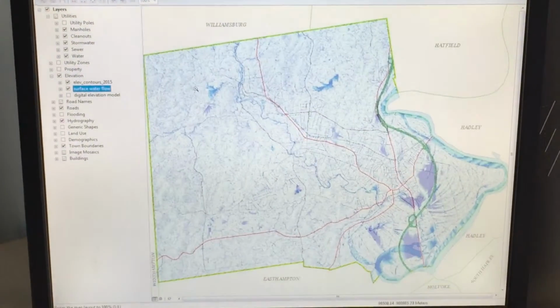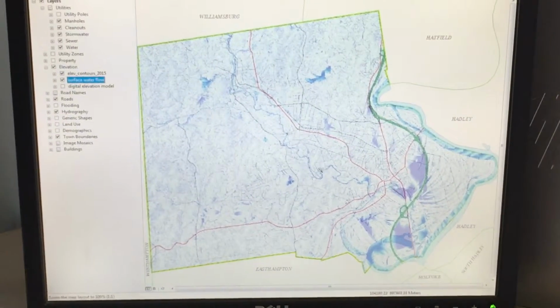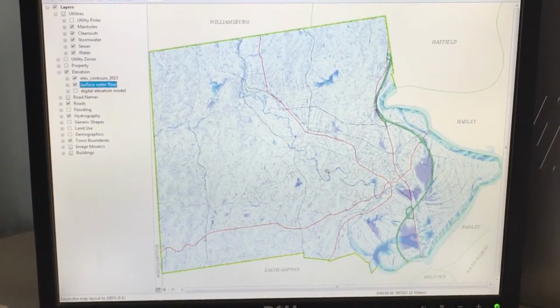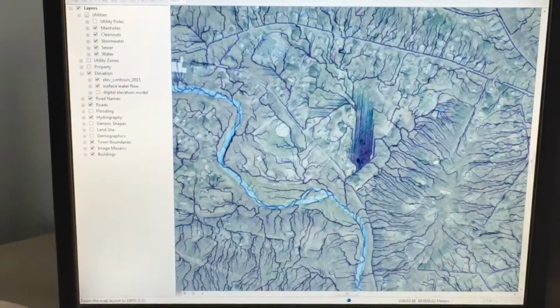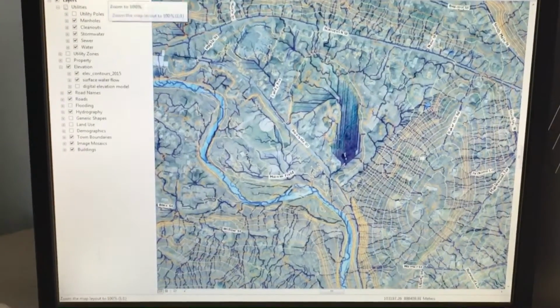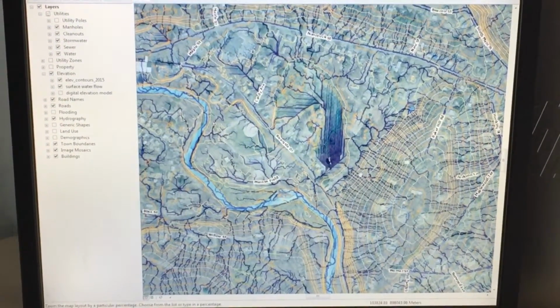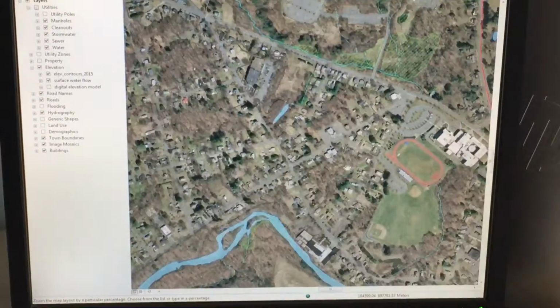Here, let me show you. Where am I? Here's one. So this is the... Oh. No, that's not where I want it to be. Yeah, it's lots of information.